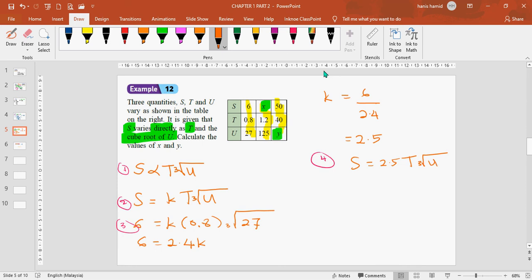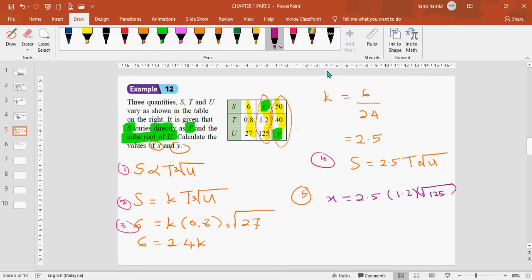Now the question asks you to calculate the value of X and Y, so you need the fifth step, which is to substitute the pair. To find X, you must substitute the second pair. To find Y, you must substitute the third pair. So we solve X first. S is X, K is 2.5, T is 1.2, and U is 125.